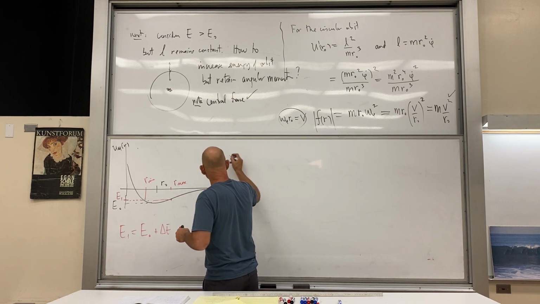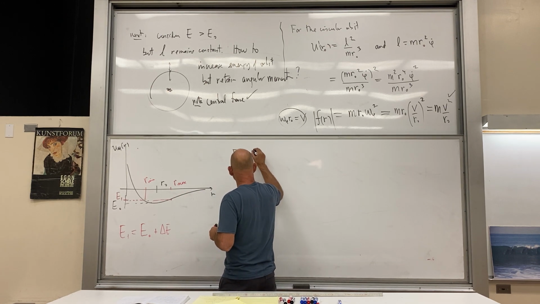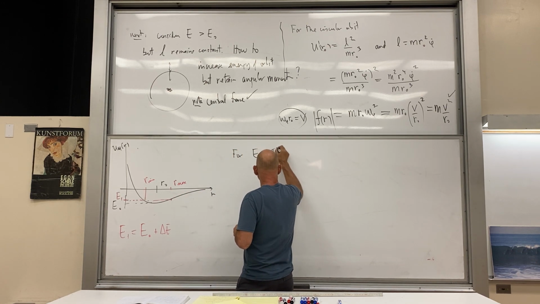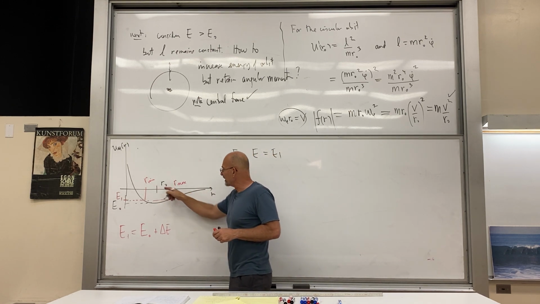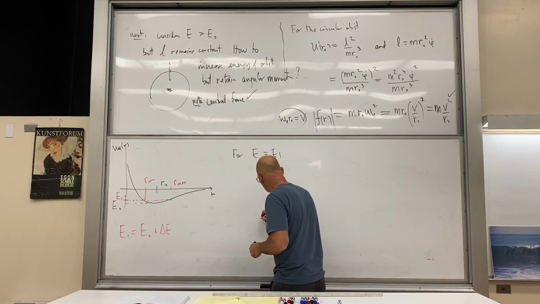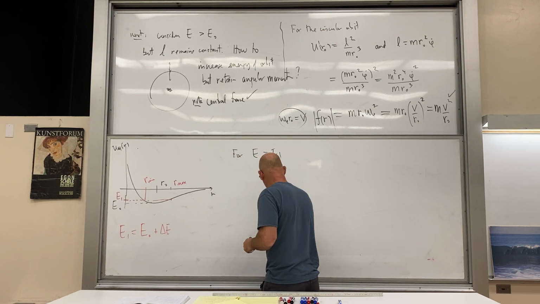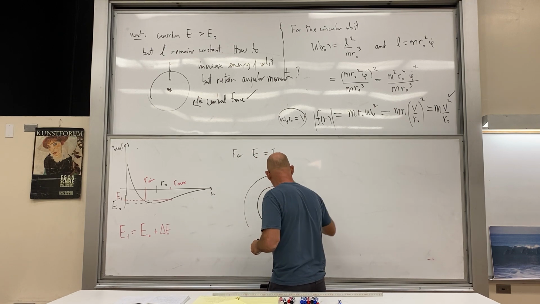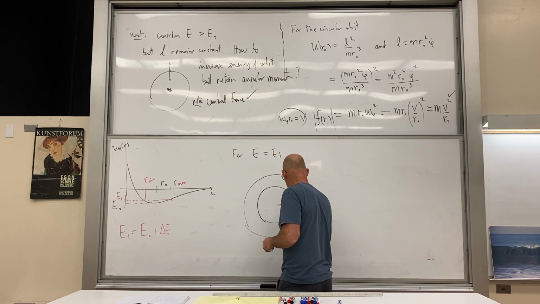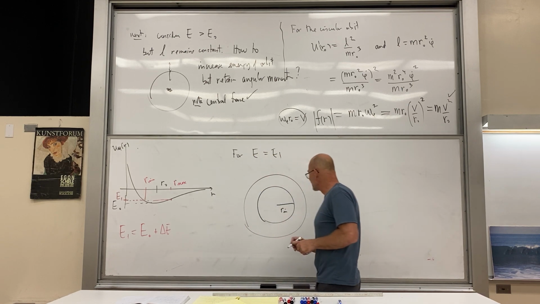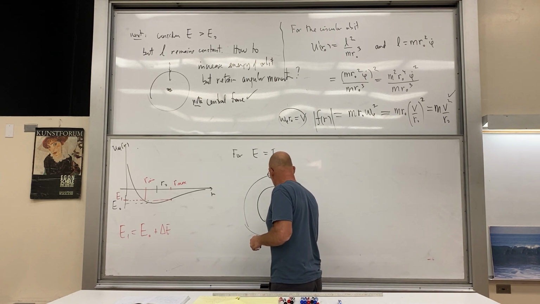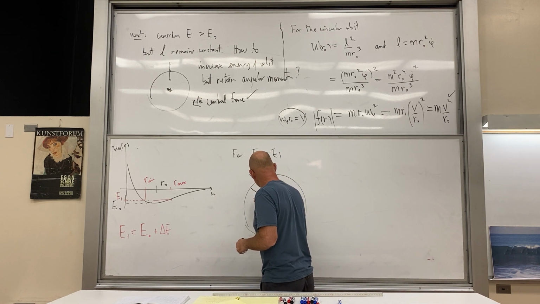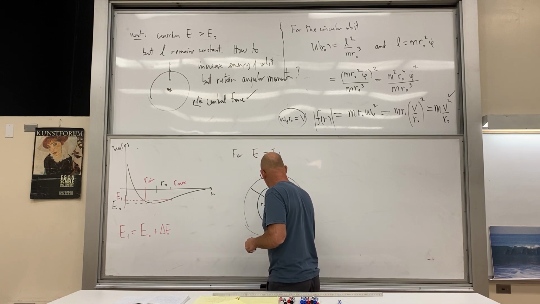So for E equals E sub 1, the orbits take place between R min and R max, so we can actually draw two circles. This is the minimum, and out here is the maximum distance.